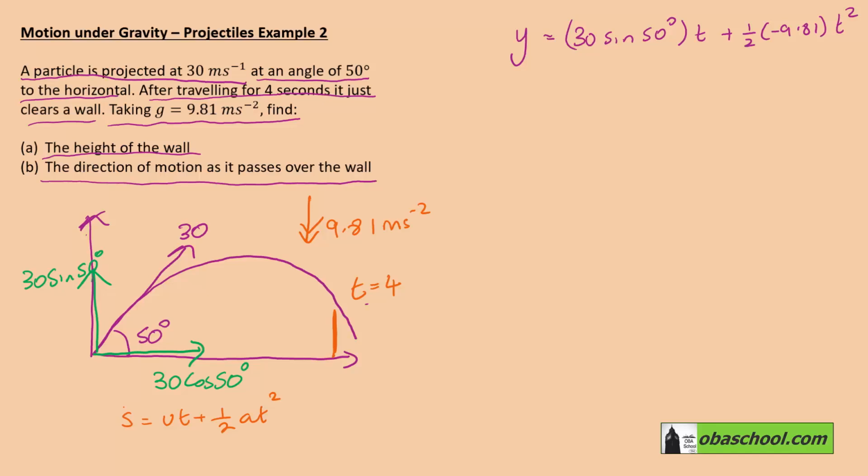But we know t is 4, so we're just going to substitute that in. We've got 30 sine 50 degrees times 4, take away a half times 9.81 times 4 squared.